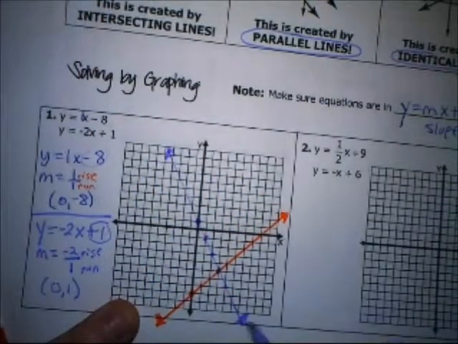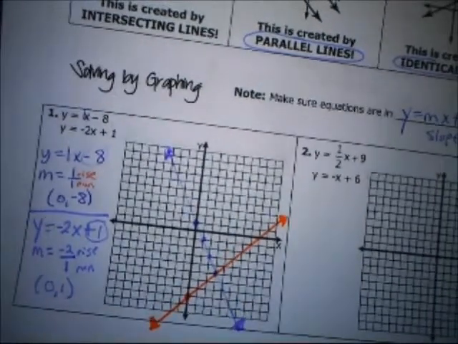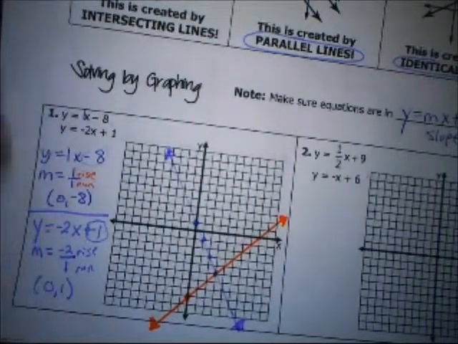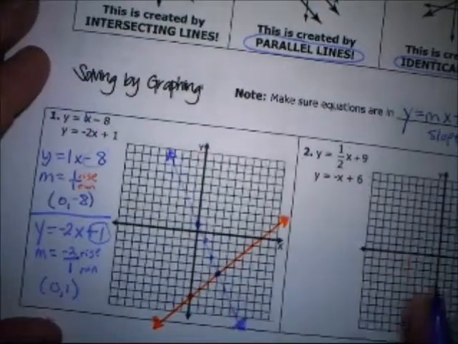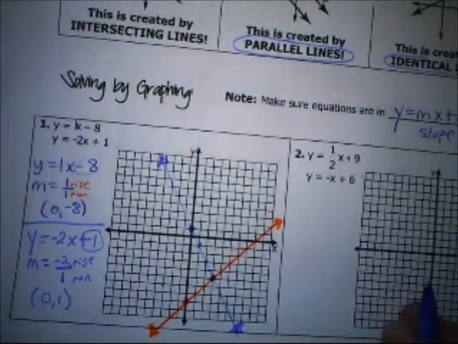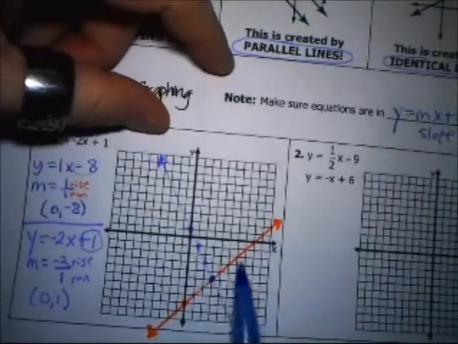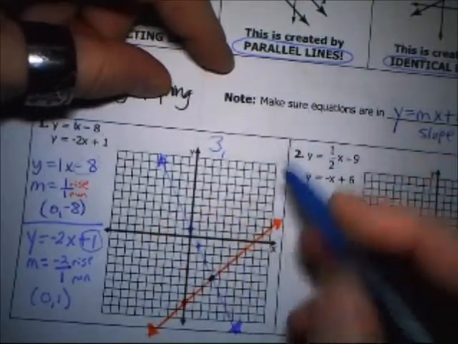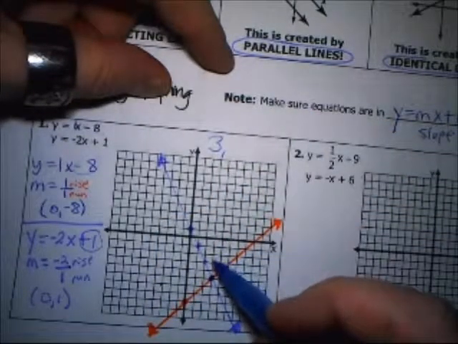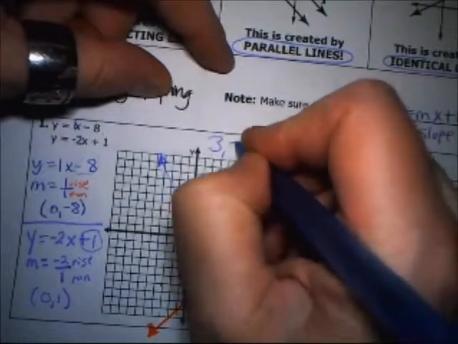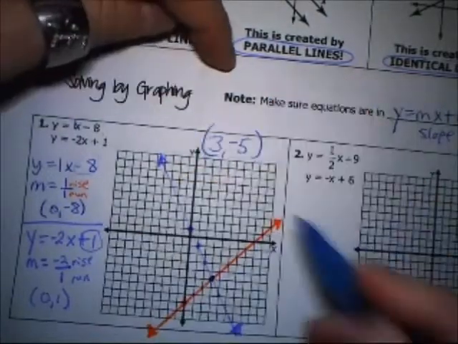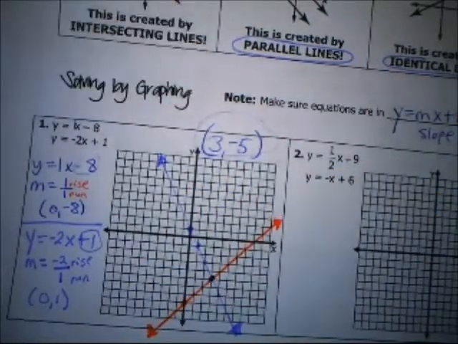Put arrows on the ends because these are continuous lines. And now my solution is right here where they intersect each other. And the coordinates look like 3, and it went down 5, so it would be 3, negative 5 is your solution.